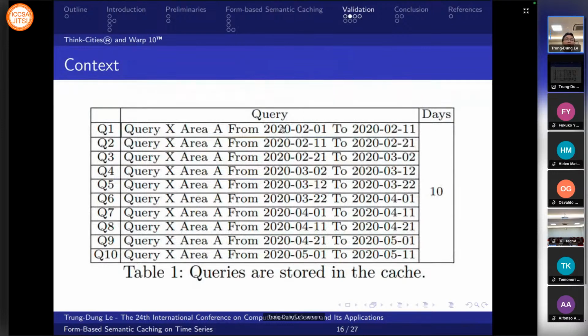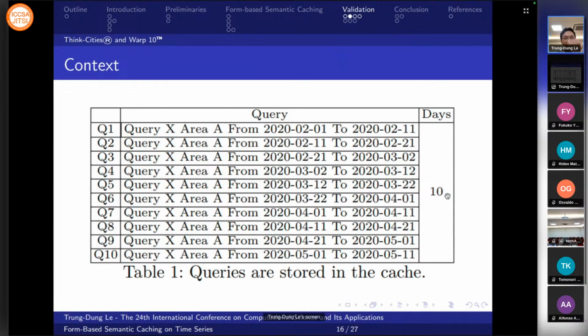In the context of our experiment, we assume that we have 10 queries from the base form-based query: query X in area A from the 1st of February to the 11th of February. Each query covers 10 days.